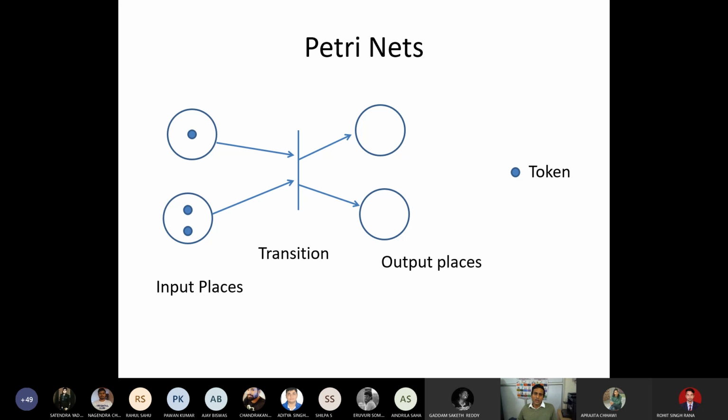So that particular entity should have some tokens, then only the associated transition will be fired. So this is one condition.